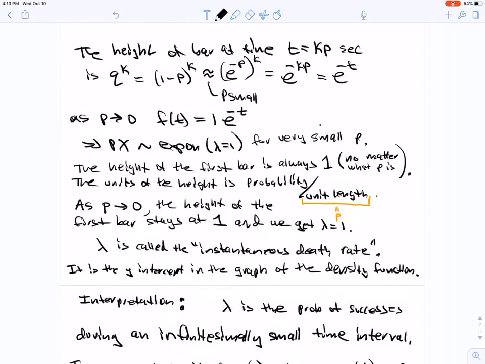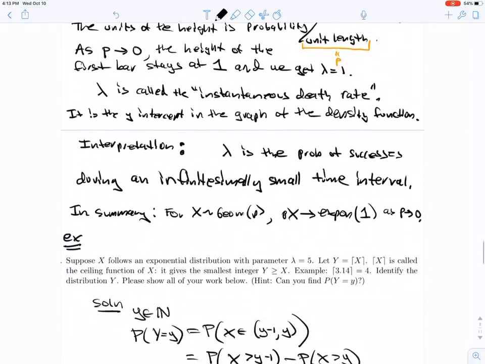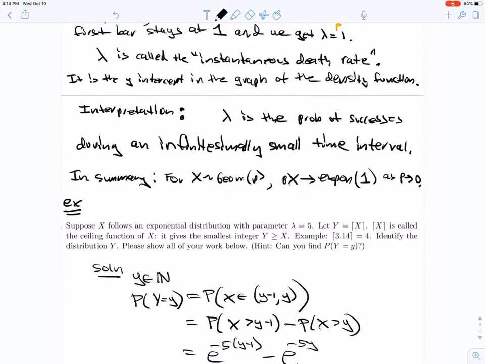Lambda is probability per unit length, but the unit length is going to 0 here. You can interpret lambda as the probability of success during an infinitesimally small time interval. So in summary, if x is geometric p, then px goes to exponential 1 as p goes to 0. That's the best way to think about the exponential as a limit of geometrics as p goes to 0.